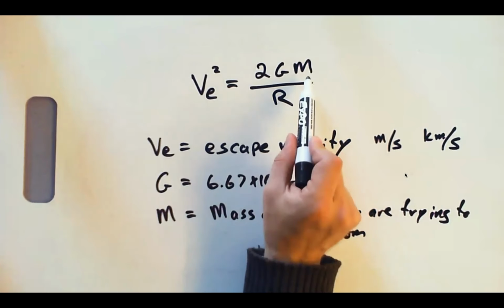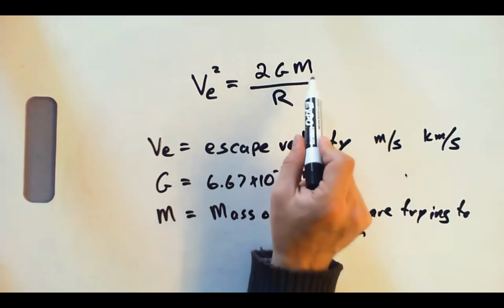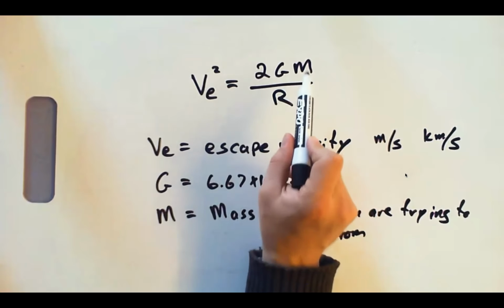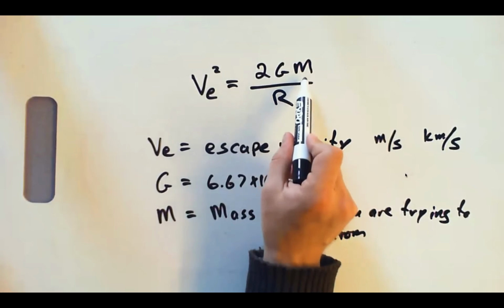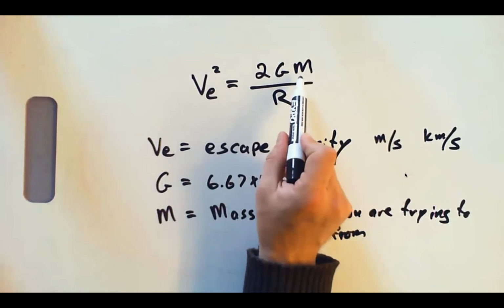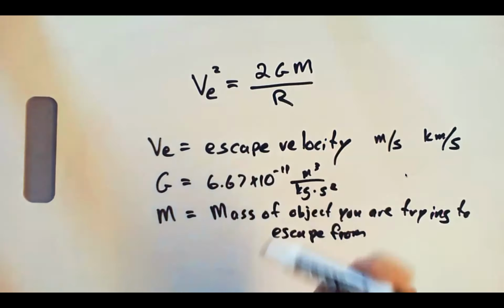There's only one mass here. The mass of the object that's actually trying to do the escape is not important, as long as it's much, much less than the object you're trying to escape from. And in all of our cases, it will be. So the only mass that matters anymore is the mass of the object you're trying to escape from. The Earth, if you're talking about the Earth. The Sun, if you're talking about the Sun. The black hole, if you're talking about the black hole.